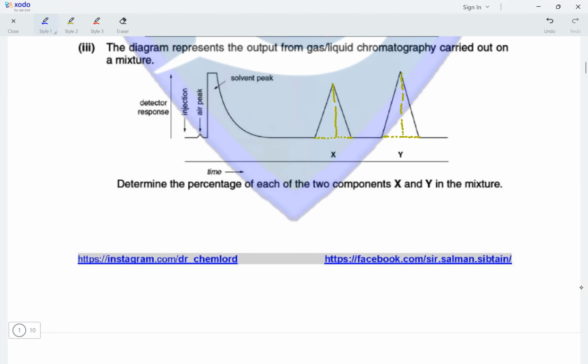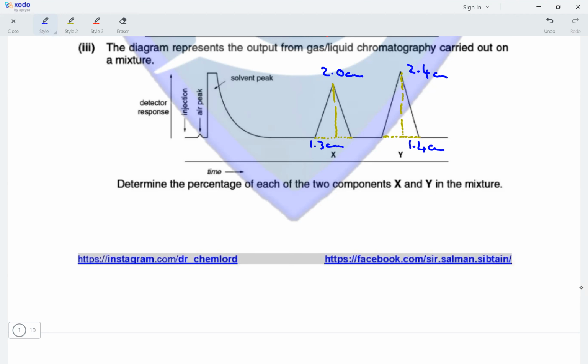and the values we obtained for X for the base would be 1.3 centimeter and for Y is 1.4 centimeter. For the heights, for X, the height is 2.0 centimeters and for Y, the height is 2.4 centimeters.